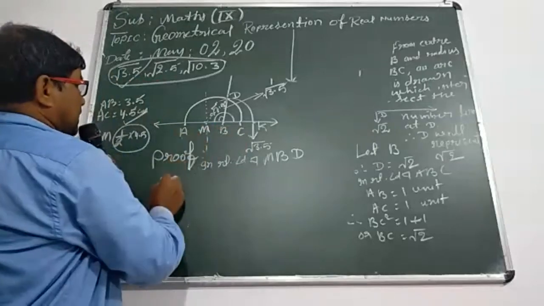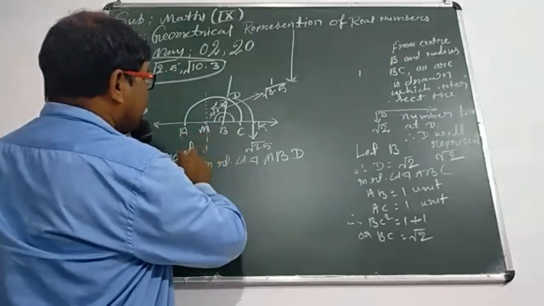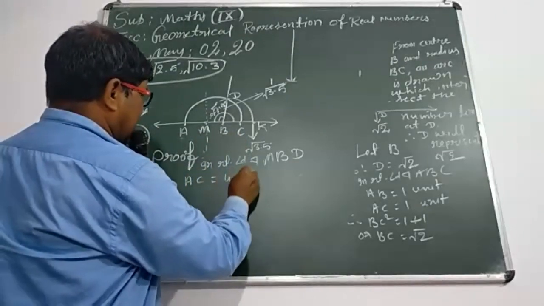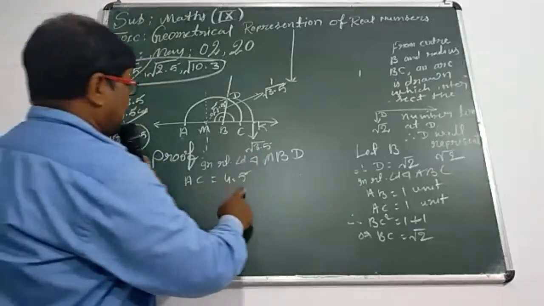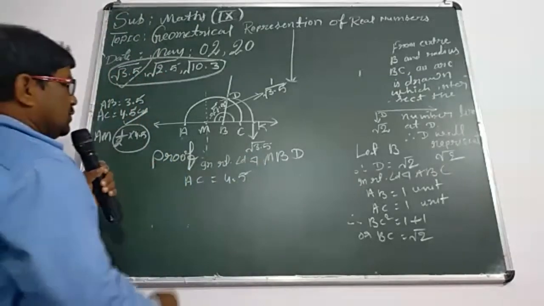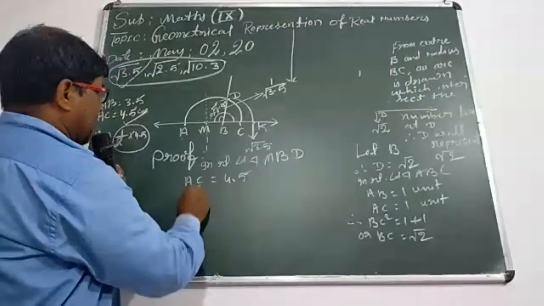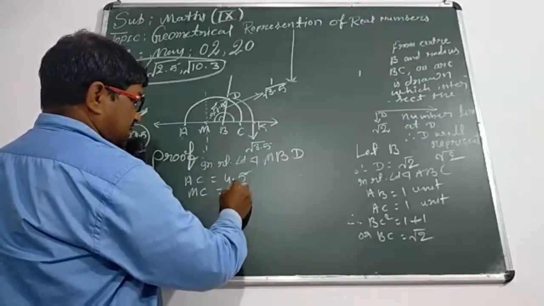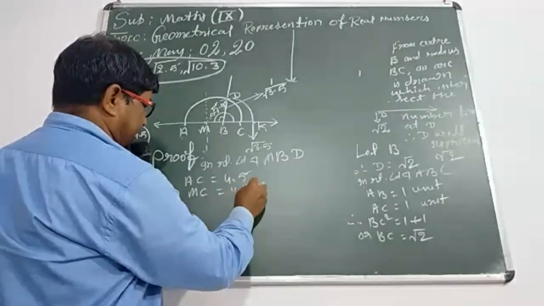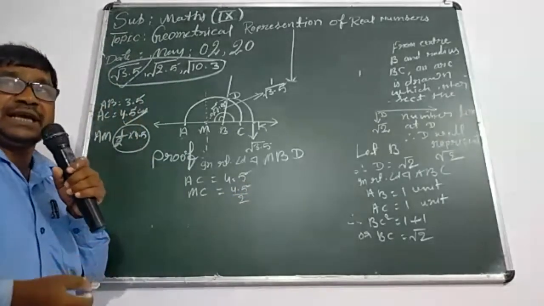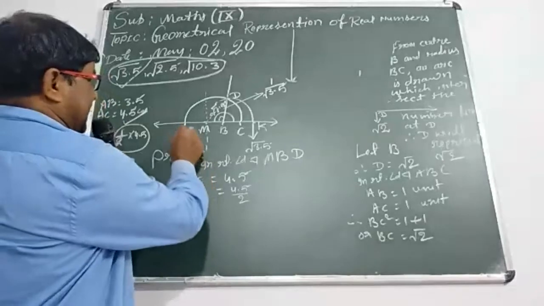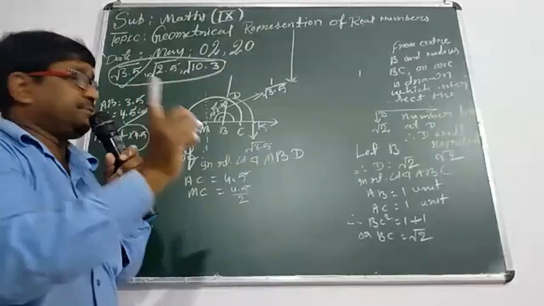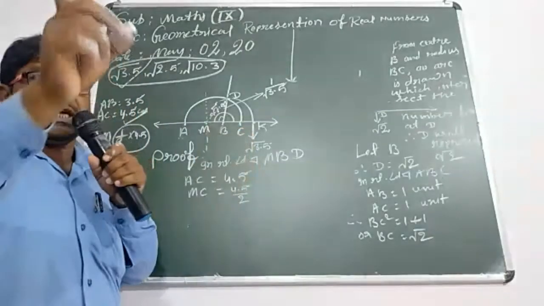First, as you know, AC is 4.5, because AB is 3.5 and BC is 1 unit.